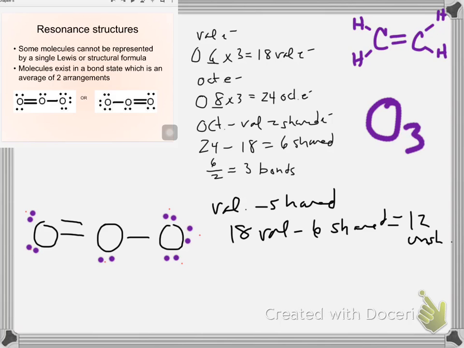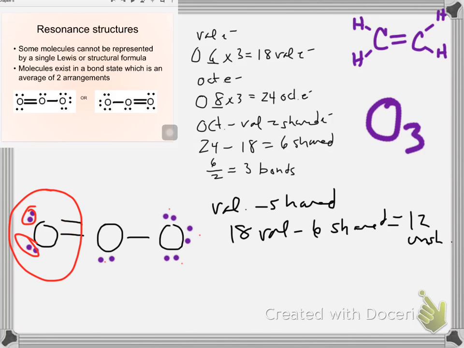How did I know where to put 2 unshared pairs and 1 unshared pair and 3 unshared pairs? I'm counting to 8 for each of those oxygen atoms. We're going to spend lots of time practicing these, don't worry. So I'm looking at this oxygen atom, and I'm saying 2, 4, 6, 8.